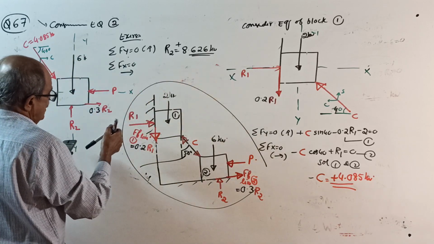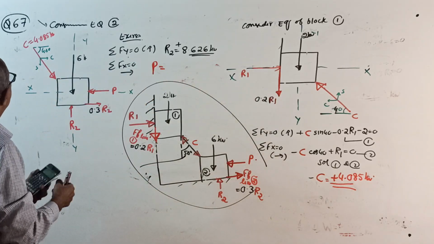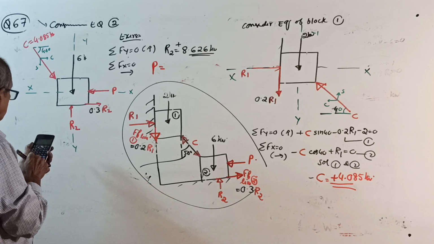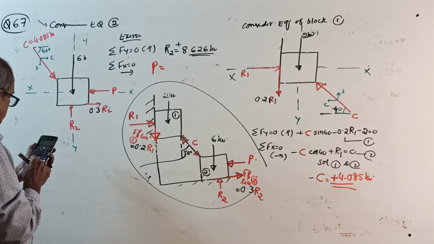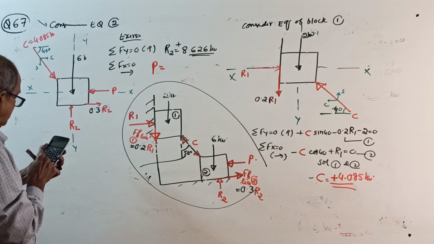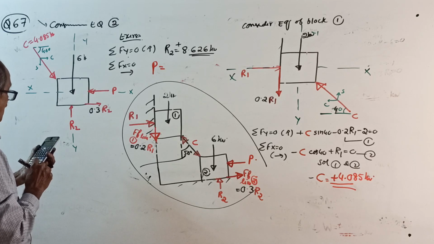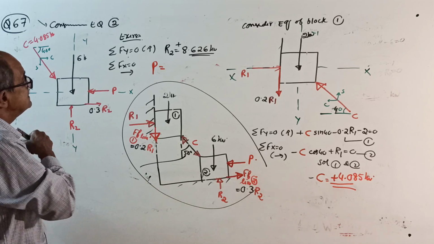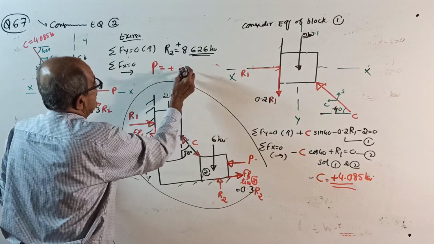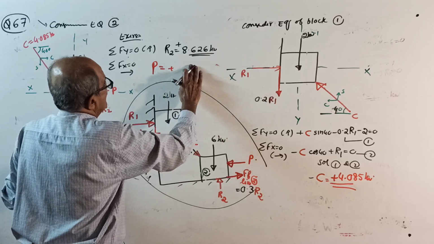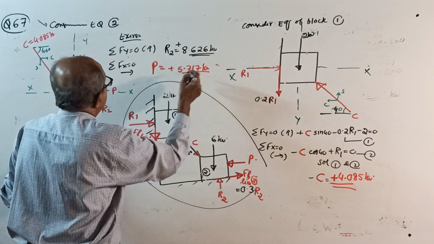You get the value of unknown force P. 4.085 into cos 40, plus 0.3 into 8.626, it will come 5.717 kilonewton.